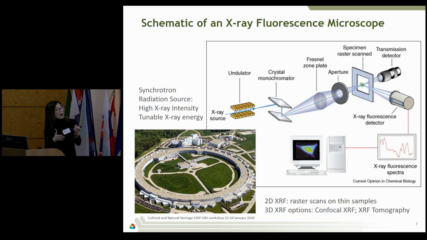The spot size of the X-ray defines the limit of the X-ray fluorescence images. Now we have a fluorescence detector located perpendicular to the sample. Usually it's an energy dispersive detector that detects a full spectrum from the sample illumination volume.